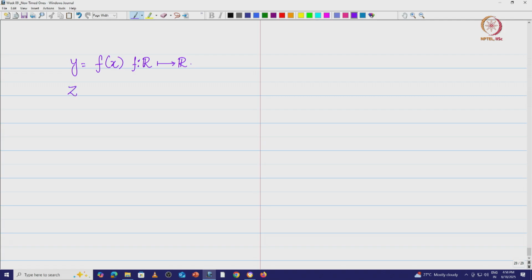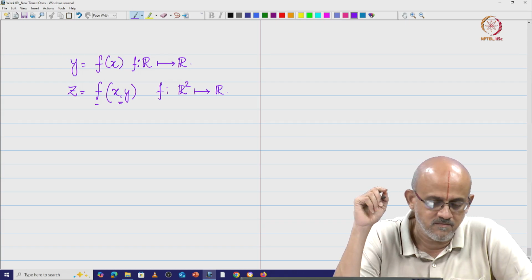Then we went to multiple variables where I have f of x comma y. Therefore, this function maps from R2 to R. Now I am going to do something interesting. What happens if my function takes n variables and outputs m values, right?